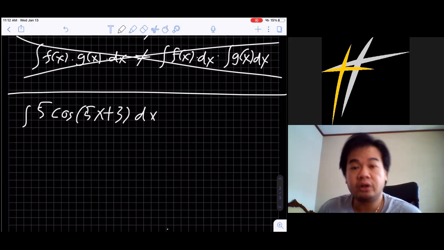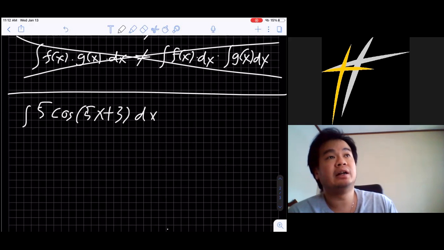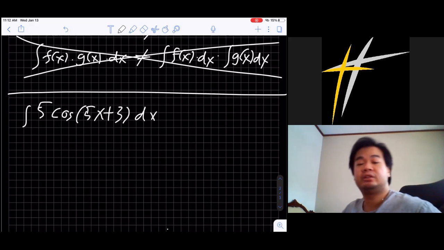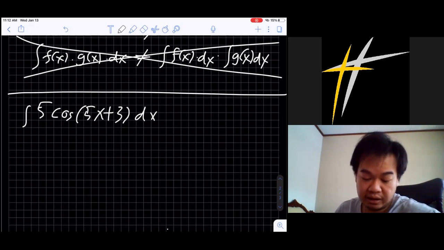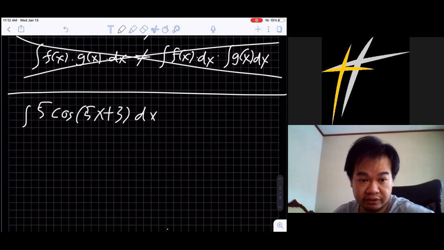So when you do the integral, you need to be careful if it is a composite function. Like this is a composite function, right? The integrand is a composite function, where cos is the outside function and the inside function is 5x plus 3.